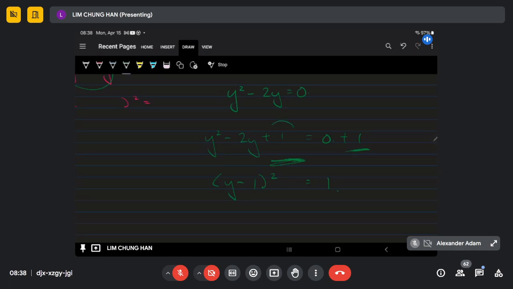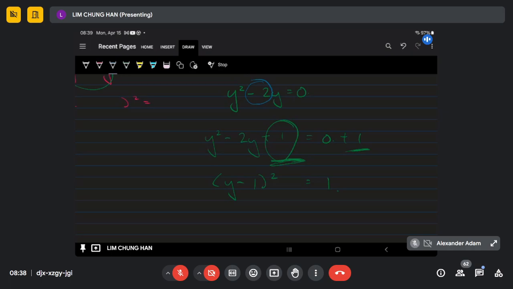So the trick is, how do you get that 1? Why not 2? Why not 3? It's actually related to this negative 2 here. You have to think about it.